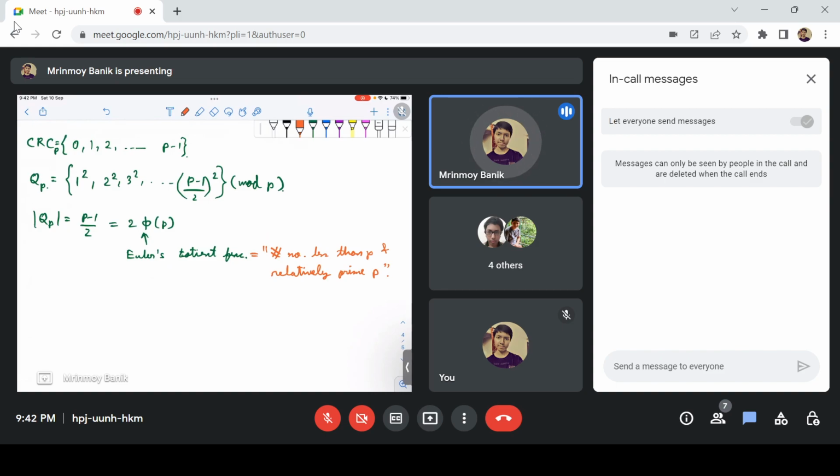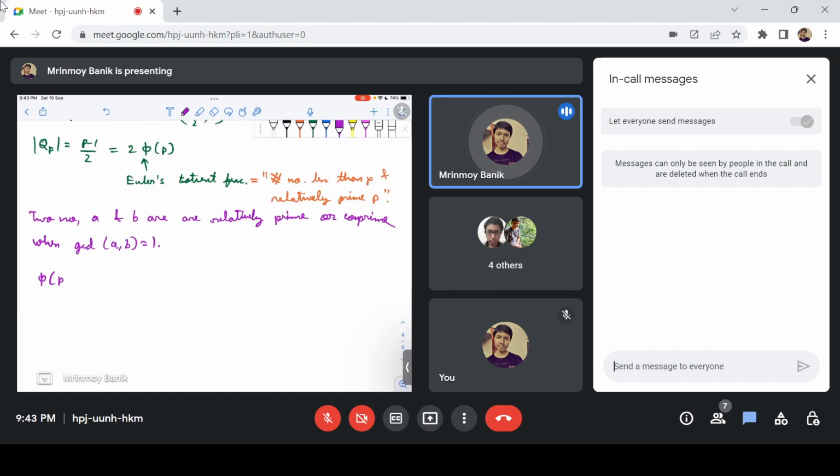So when are two numbers a and b relatively prime, or co-prime? When GCD of a and b is equal to 1. That is, they don't share any common factors.